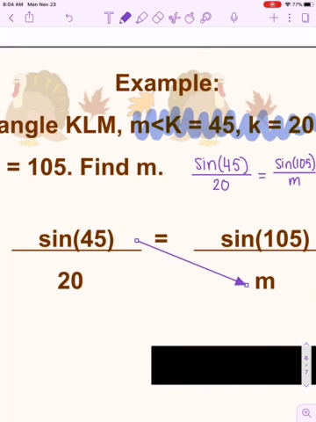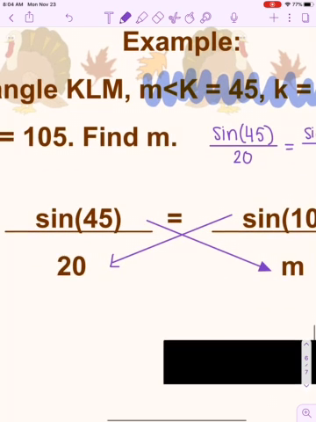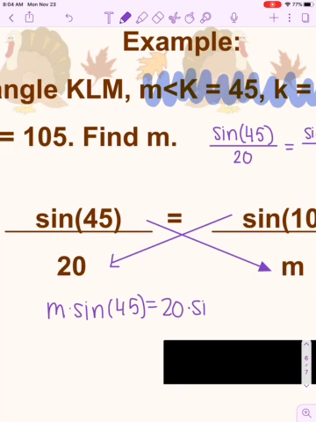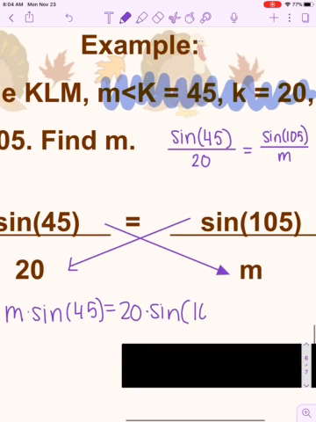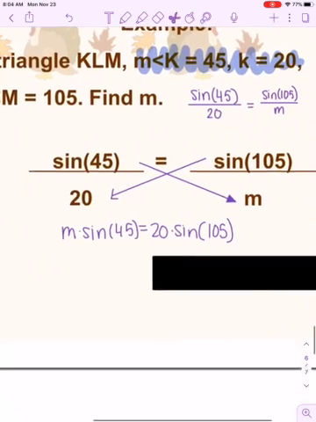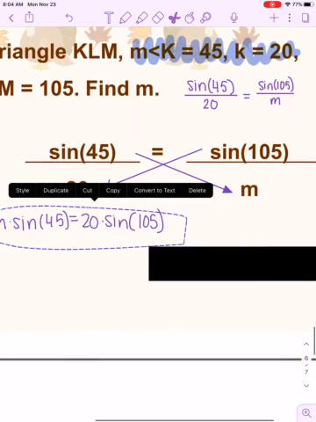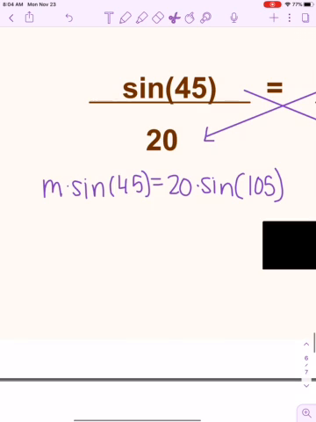So then we cross multiply. And we're going to get m times the sine of 45 equals 20 times the sine of 105. Okay. So you put the right-hand side in your calculator, so 20 times the sine of 105 is 19.3 something.